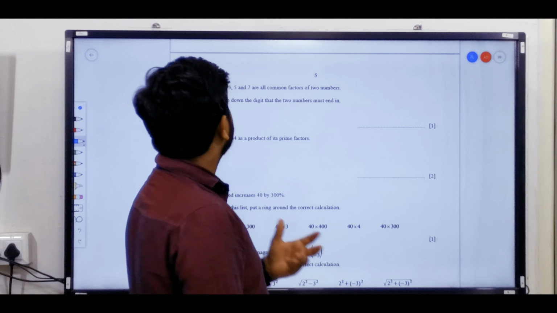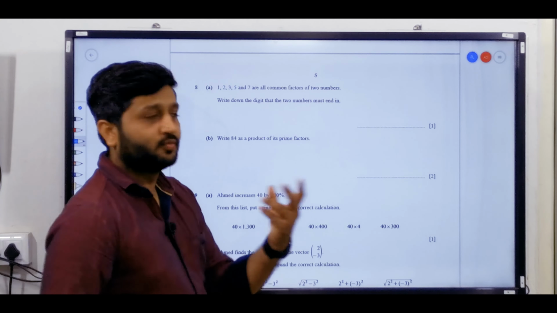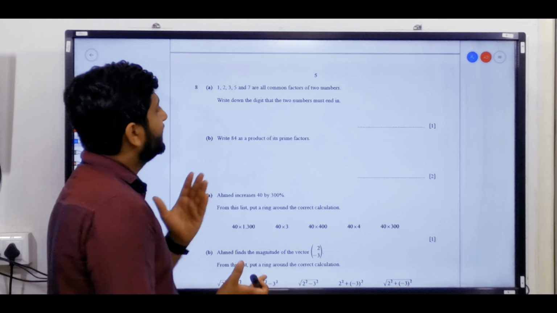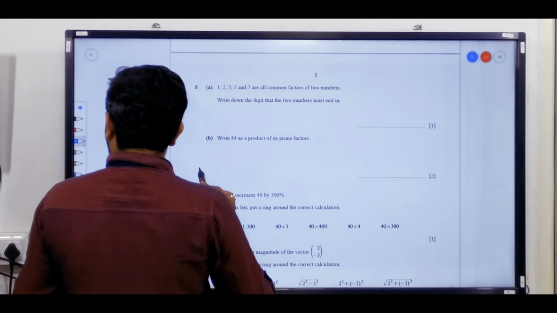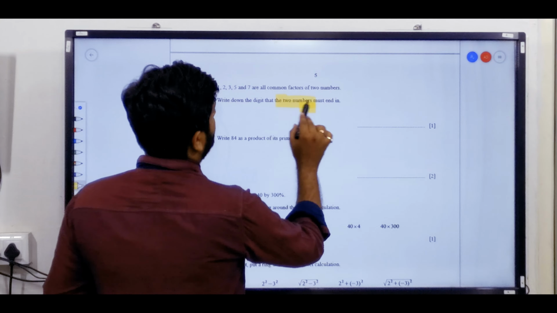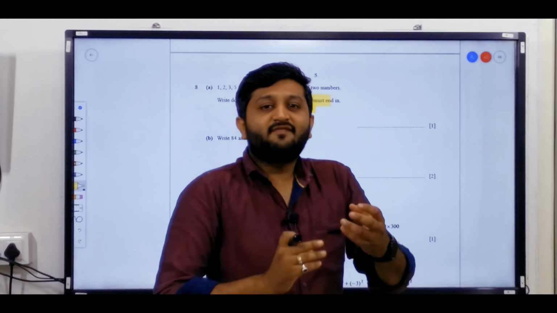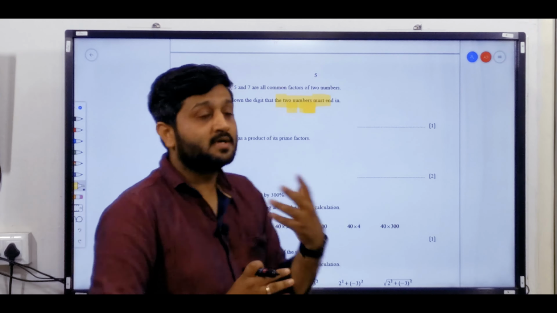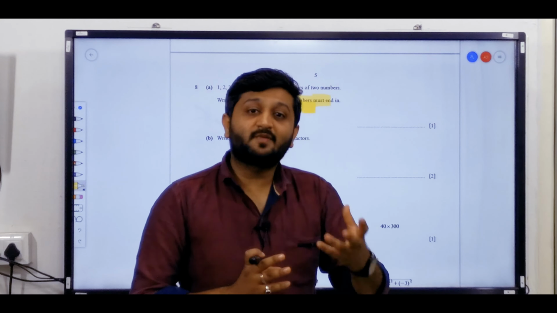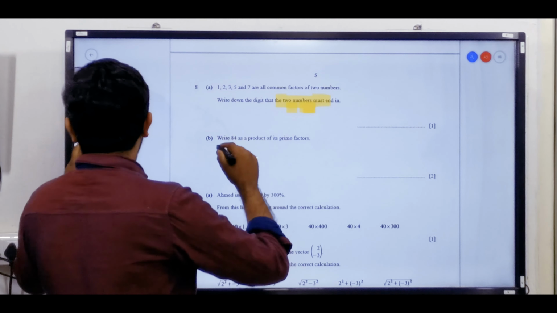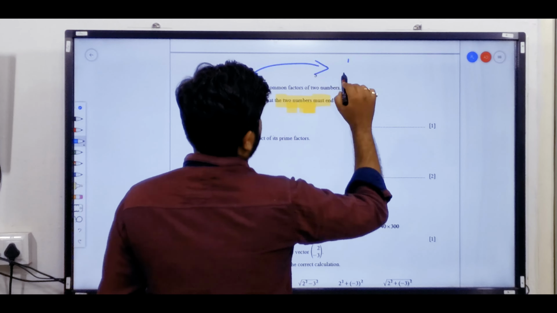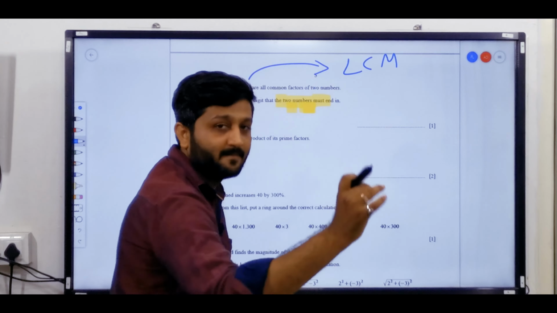1, 2, 3, 5 and 7 are all common factors of two numbers. Write down the digits that the two numbers must end in. Right? They all are factors of two numbers. So if all these numbers are supposed to be factors of two numbers, then what we are supposed to find is their LCM.